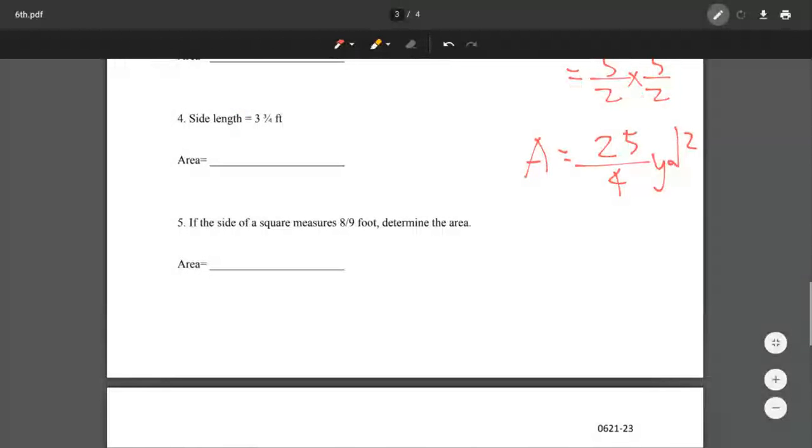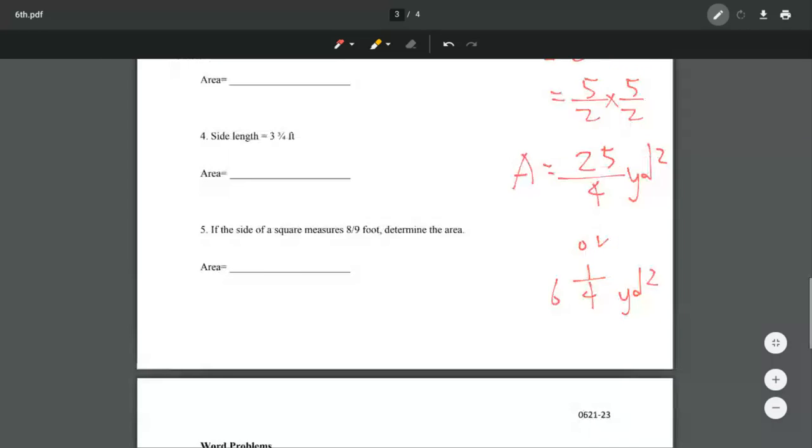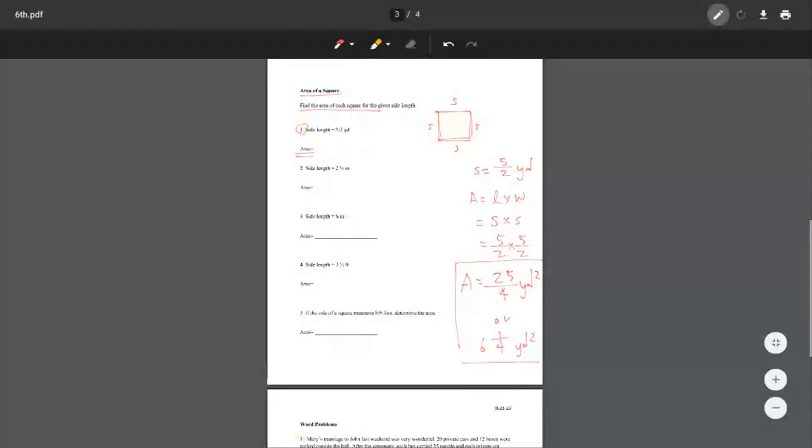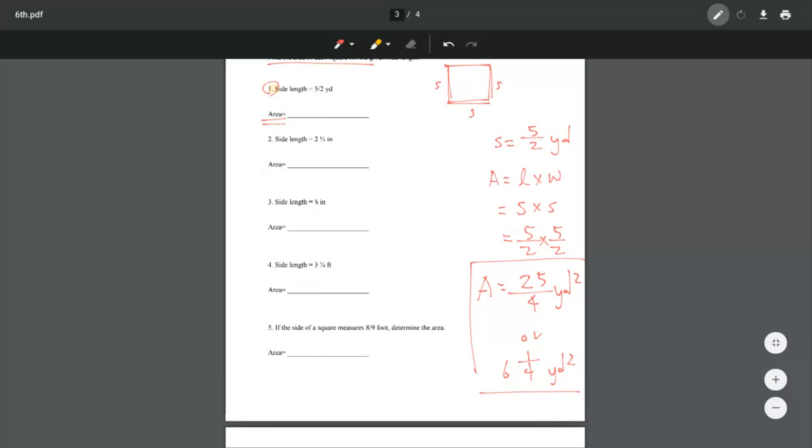Or, since that's an improper fraction, you could also put 6 1/4 yards squared. Okay? So just use this formula over here and try to solve the rest of the questions.